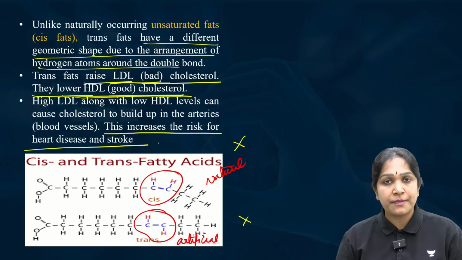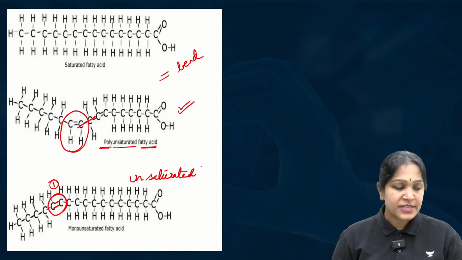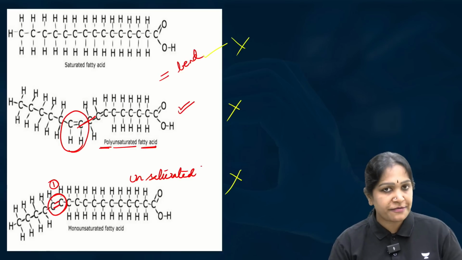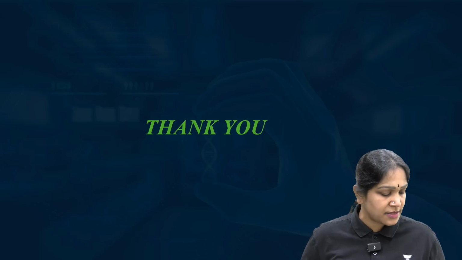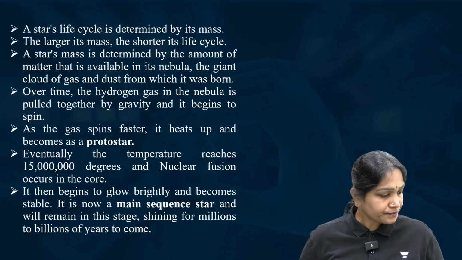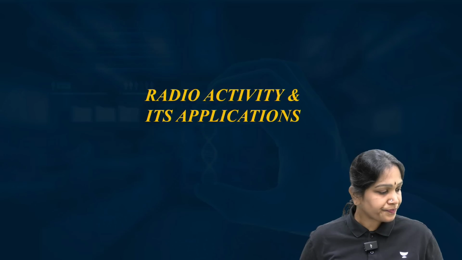I am using the images only to properly explain the concept. Same way, for saturated, unsaturated, polyunsaturated fatty acids, you will not have to draw any of these structures in the exam. So don't worry about how to remember the structures.